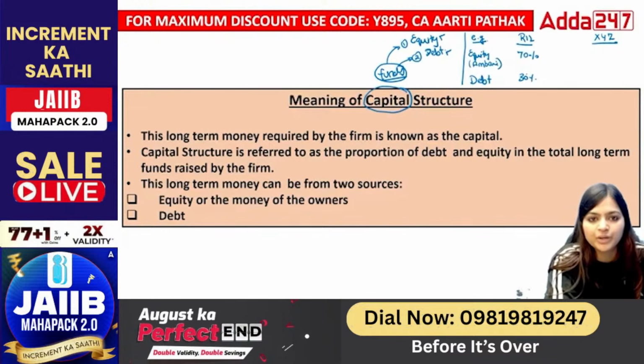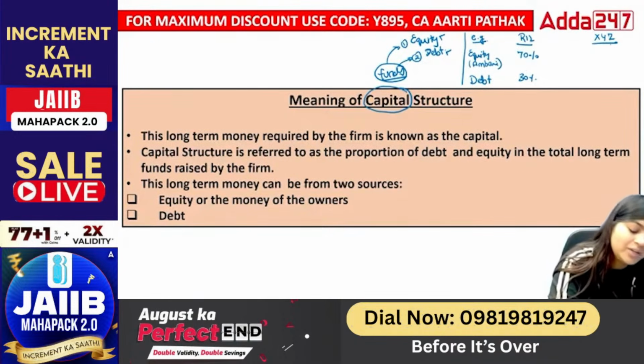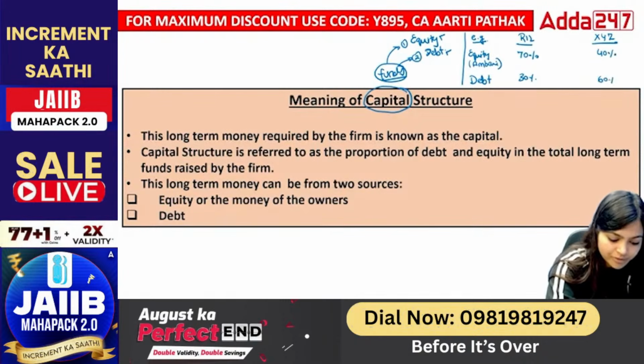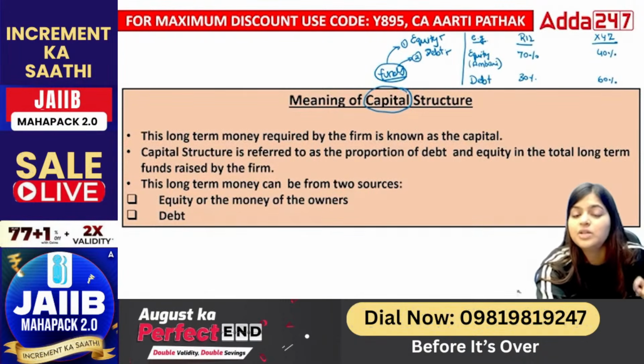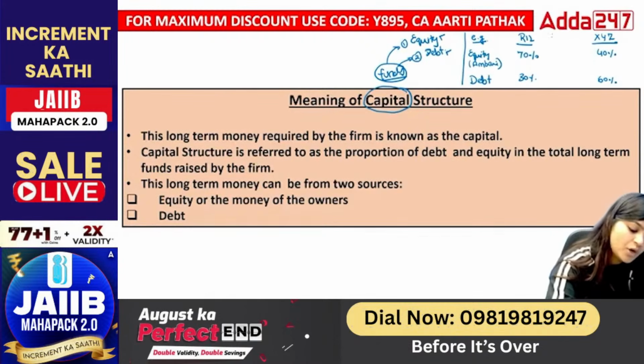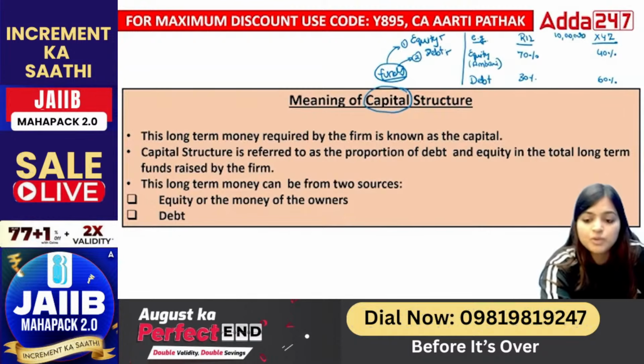Debt means borrowing, they have done only 30%. On the other hand, in the XYZ company, the equity is only 40% and debt from different sources they have taken is 60%. Suppose the total fund both companies require is 10 lakhs.